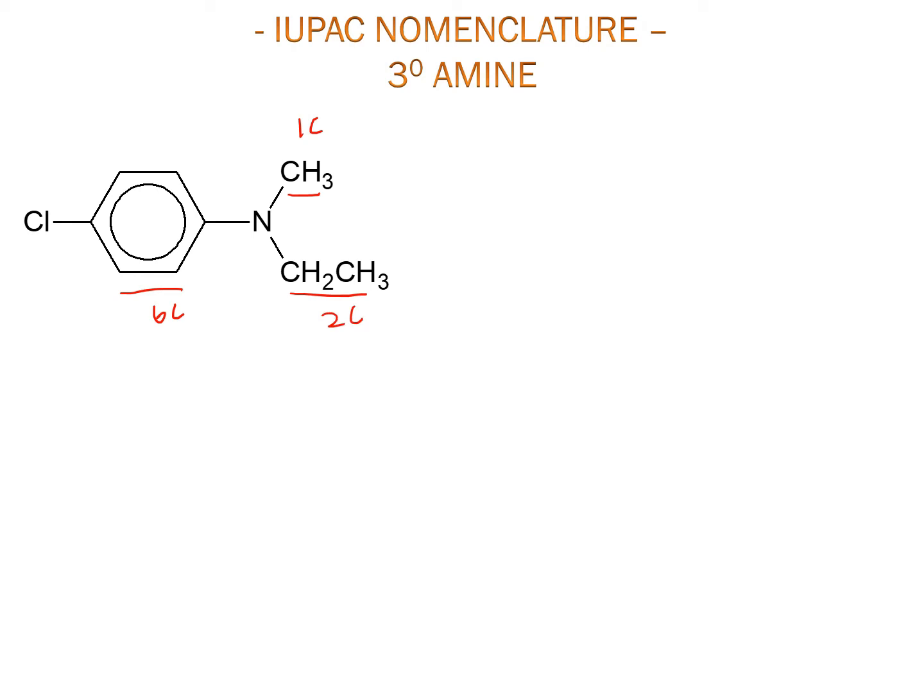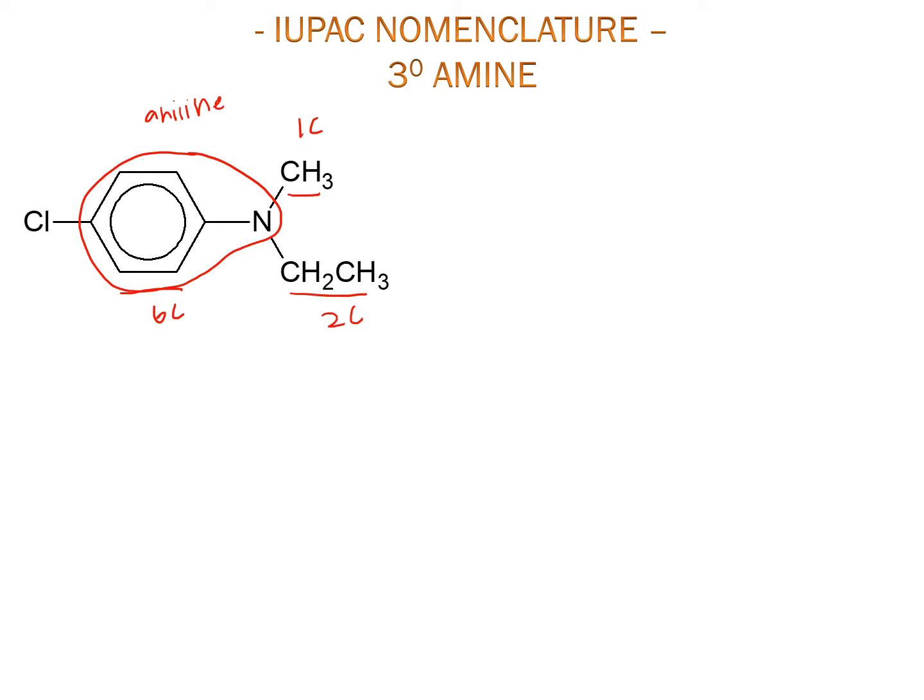So the longest continuous carbon chain bonded to N is the 6 carbon. So we call it aniline as the parent chain. After that, identify and name the substituents.